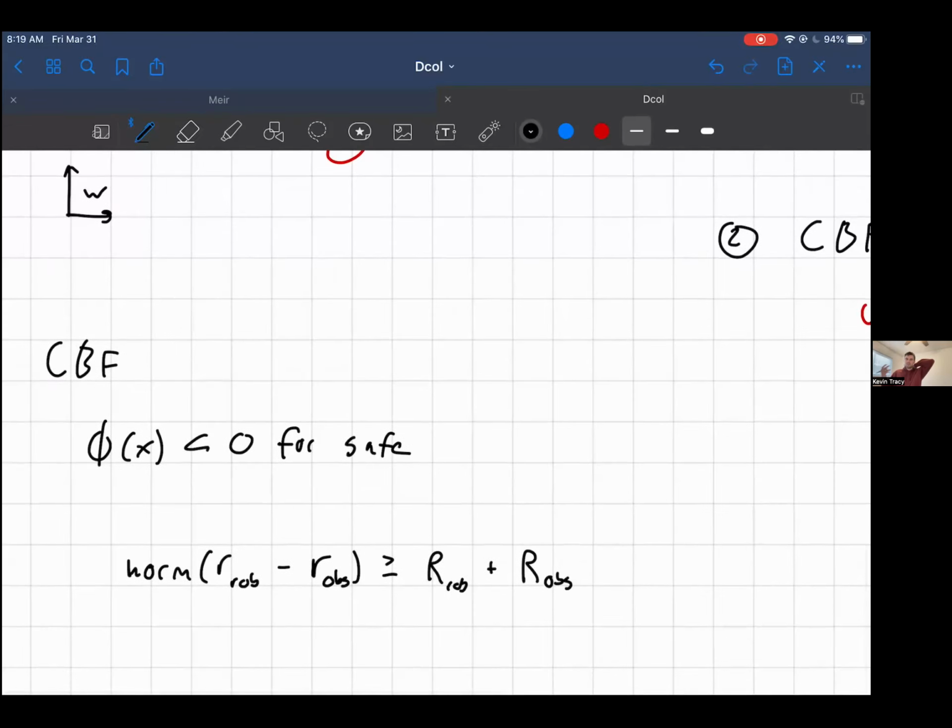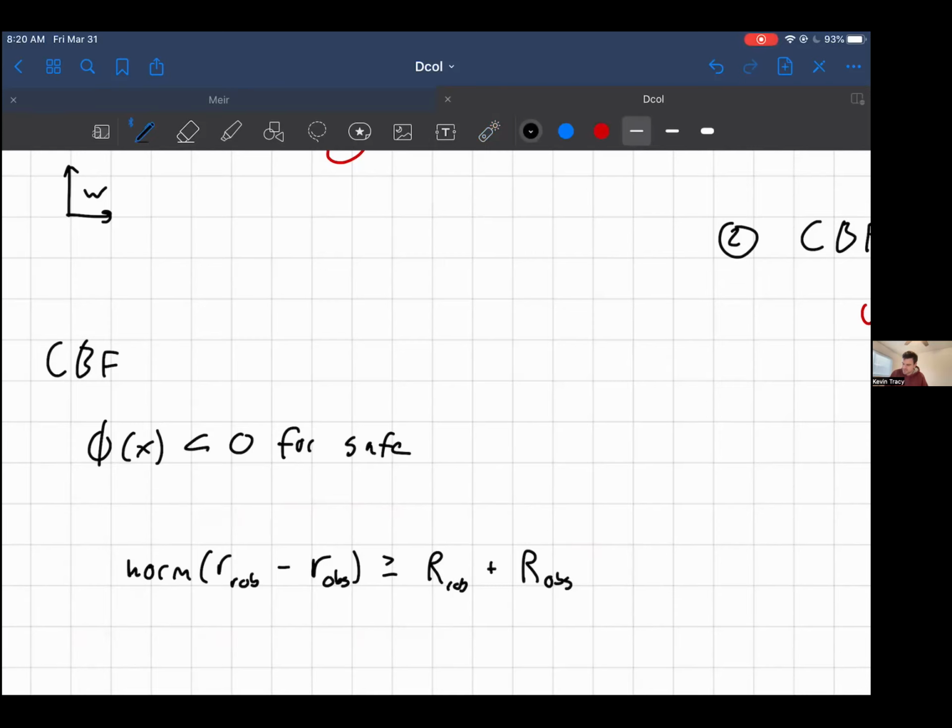This is just saying that if I approximate everything with spheres, a sphere around the robot and a sphere around the obstacle, I can write down a function that tells me whether I'm hitting this thing. Are these two spheres in contact? If they're not in contact, then the distance between them is greater than the sum of the two radii. If they are in contact, then this distance can be less than that. So this constraint right here is my safety constraint. I want this distance to be greater than the sum of these two radii.